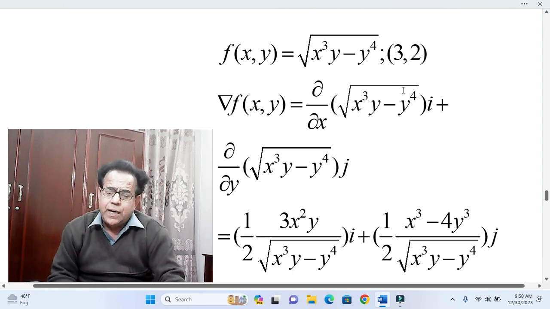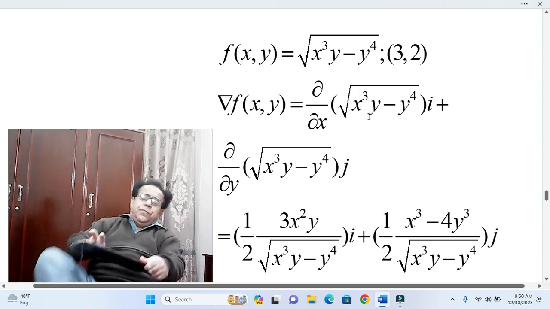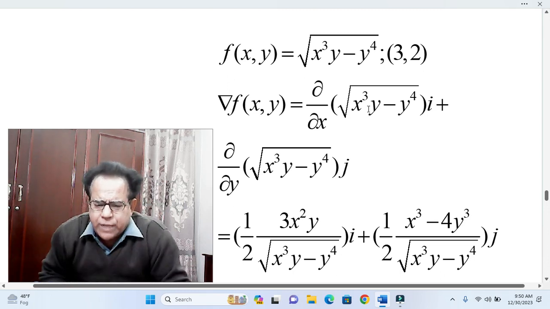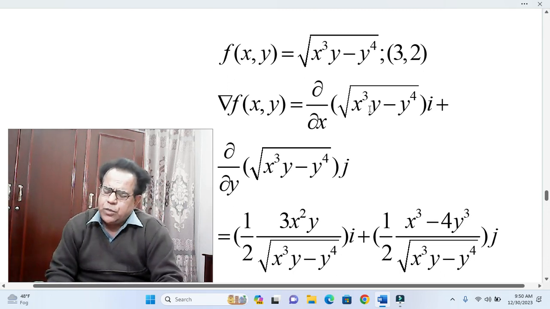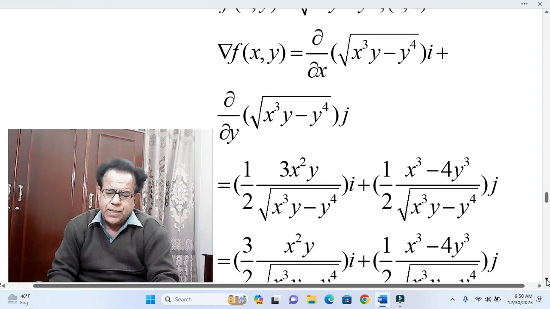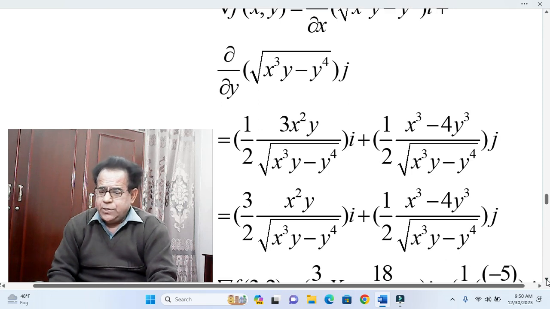So this under root will come in the denominator, and along with this we will get 2. Then the internal portion will be differentiated partially with respect to x or y, only x or y, there is no z. I think it is clear. I should not give more time to these steps.